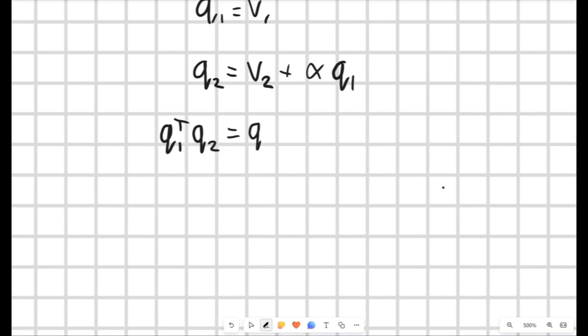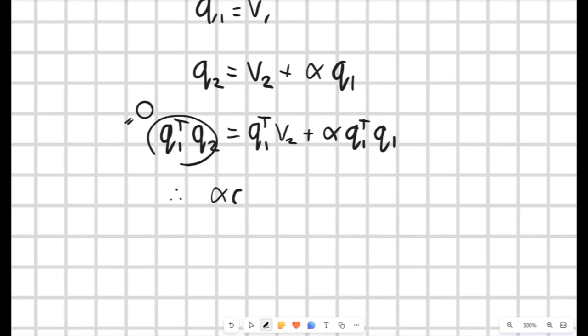So that is equal to q1 transposed v2 plus alpha q1 transposed q1. Now by definition we want q1 and q2 to be orthogonal, so this is equal to 0. Therefore what we have is that alpha q1 transposed q1 plus q1 transposed v2 is equal to 0.